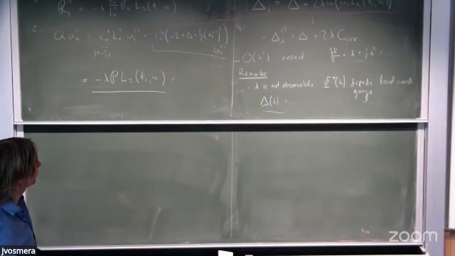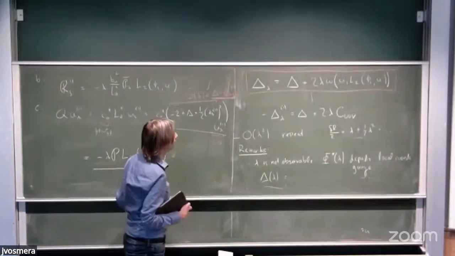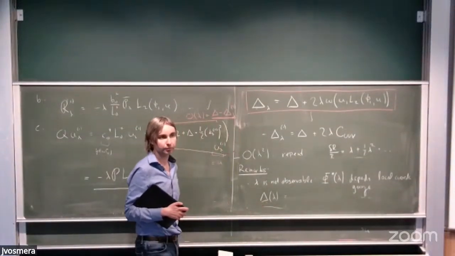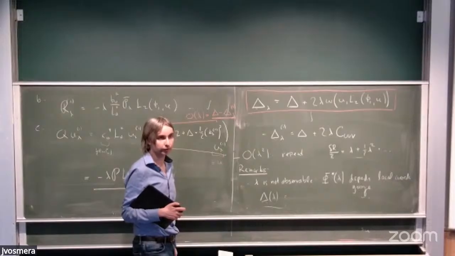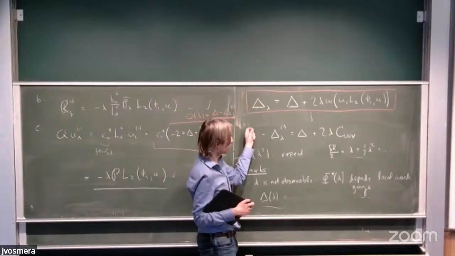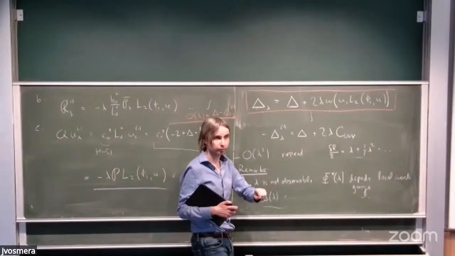Because the duality not only changes the value of the radius from r to 1 over r, it also exchanges the momentum and winding modes, right? So if I were to write down a formula for the deformation of the momentum mode, I should not expect it to be symmetric under r going to 1 over r. Instead, I would also have to write down a formula for the deformation of the corresponding winding mode, and there should be a symmetry between these two formulae under r going to 1 over r.